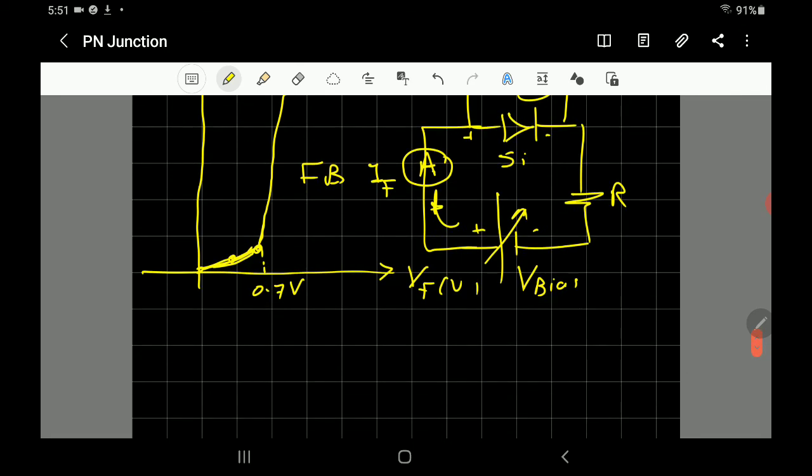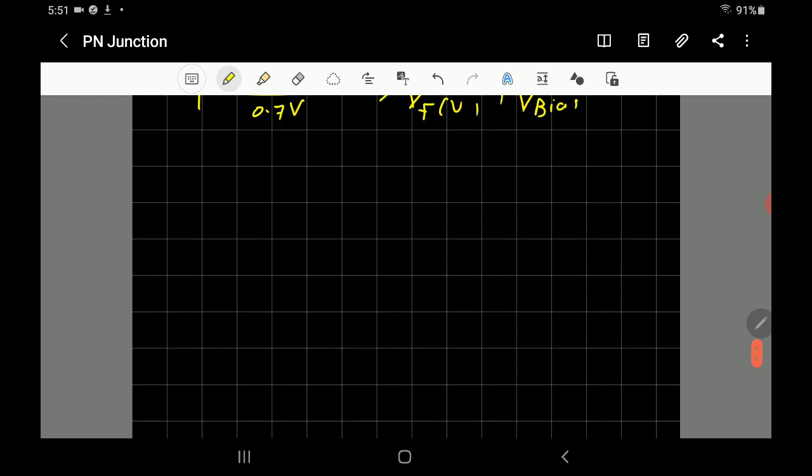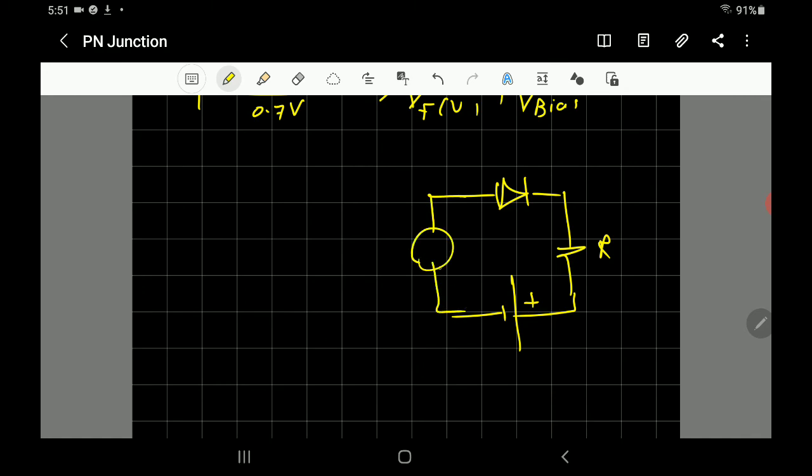What about if you do the reverse bias? So for the reverse bias, this is the diode, this is the load. You connect the positive here and the negative there. We'll put an ammeter to measure the current, and a voltmeter to measure the voltage.